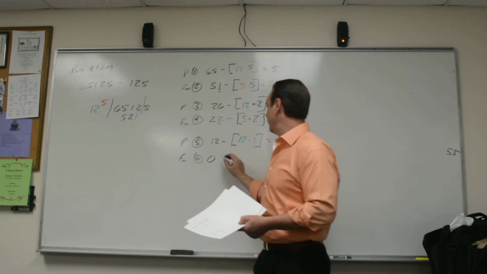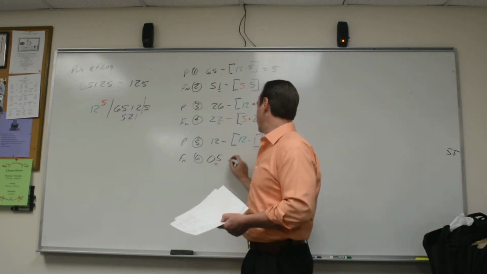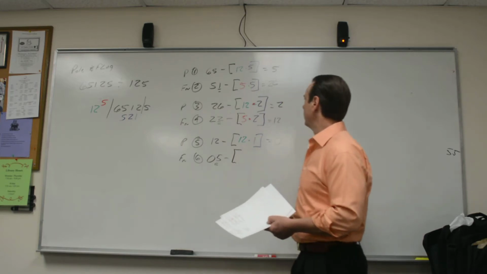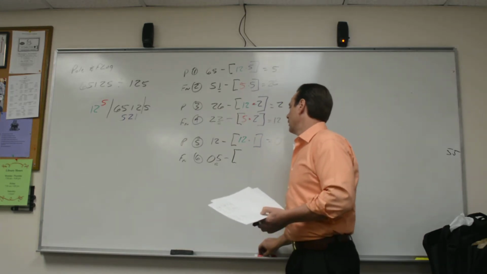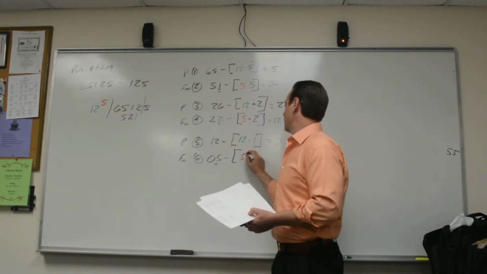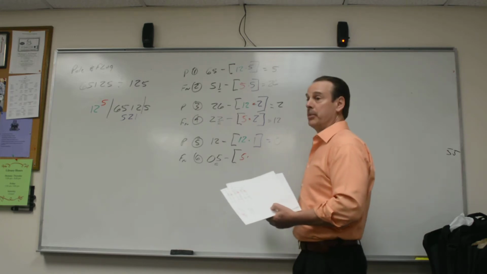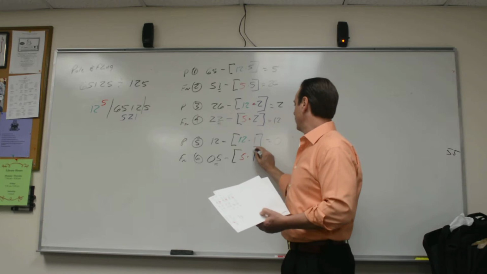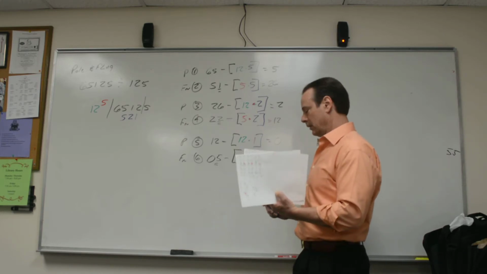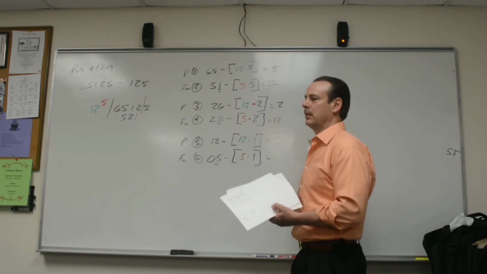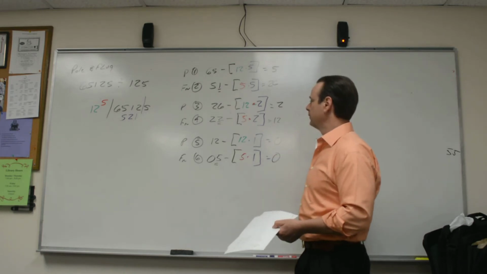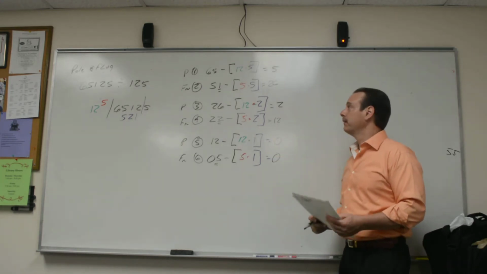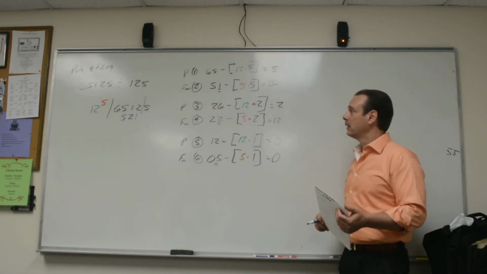We've got to bring down the 5. 5 goes here, that's the number we brought down. Minus 5 times 1. It has to be 1. Then you're going to put the 0 under the 5.